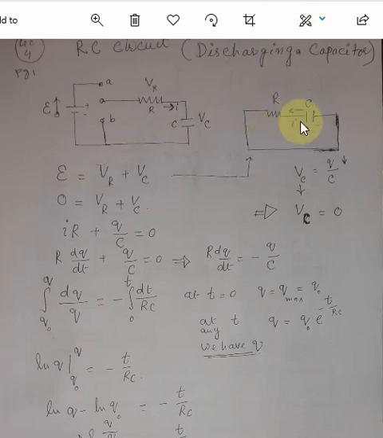Now once again let us recall that here the current from the positive plate of the capacitor is flowing through the resistor in the opposite direction.